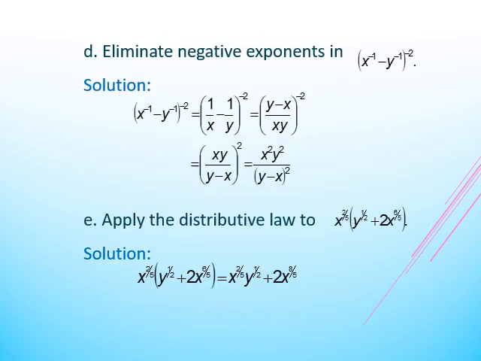Let's move to another example which eliminates the negative exponents. Here we have negative exponents inside the brackets and here all to the power negative 2. Let's take it step by step. If we have x to the power negative 1, it will be 1 over x, and the negative sign for the question, then y to the power negative 1 equal to 1 over y, all to the power negative 2.